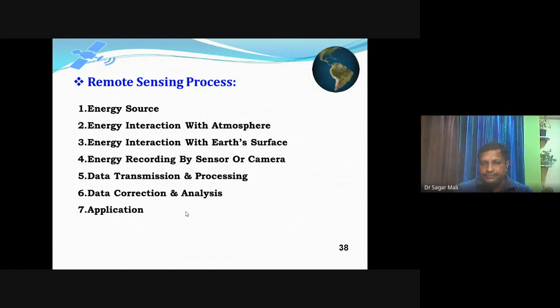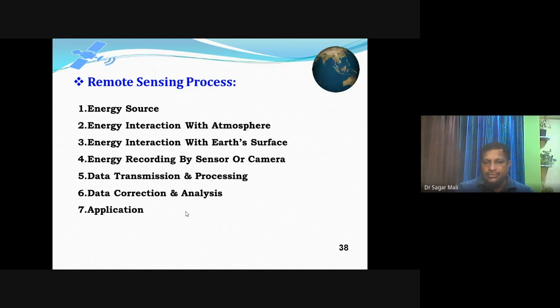Earlier, the recording was in analog and digital form. In digital form, it is recorded as a brightness value or digital number (DN), and that digital number is transferred to the ground station for correction and for making the imageries.